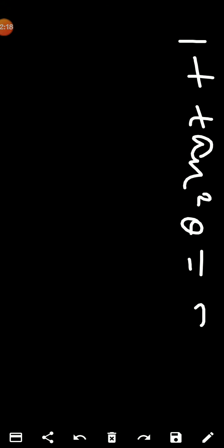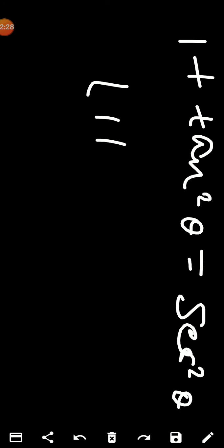So 1 plus tan square theta is equal to secant square theta. Now proving means we need to make LHS equal to RHS.